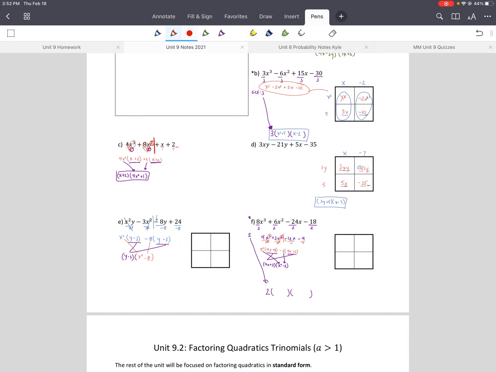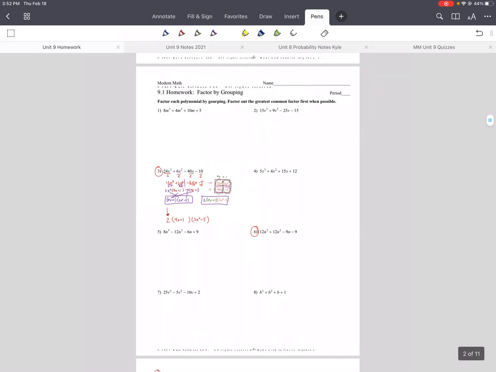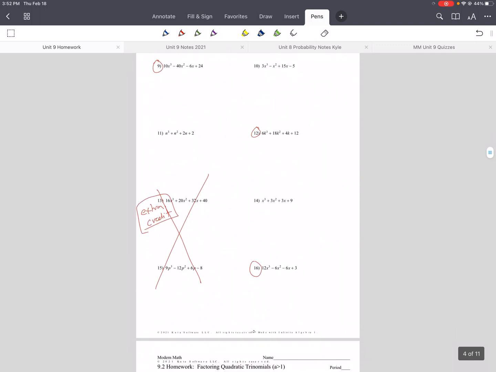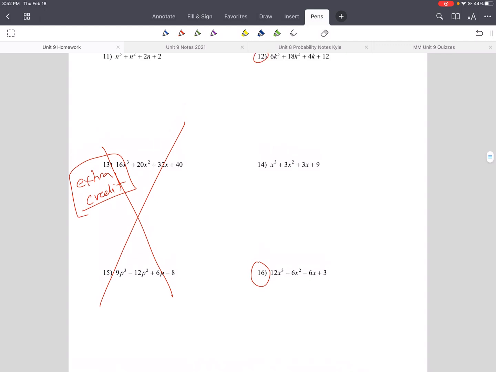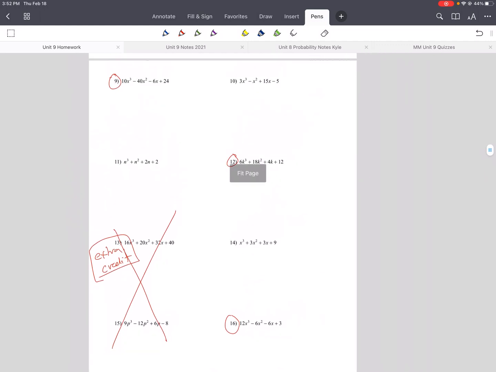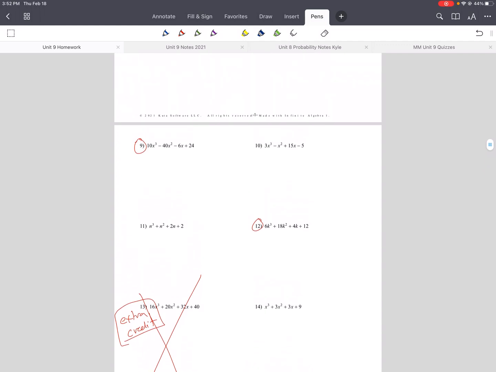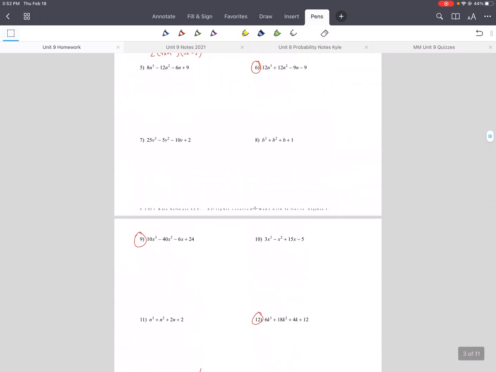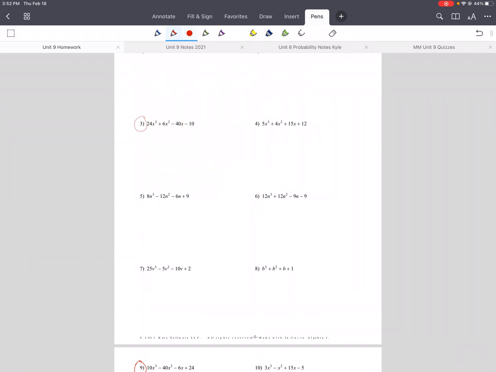All right, so that's about everything. On your homework, I told everyone that you didn't need to do 13 and 15, so that's extra credit. I also wanted to circle the ones that have greatest common factor. I want you to at least be able to identify it maybe next time.